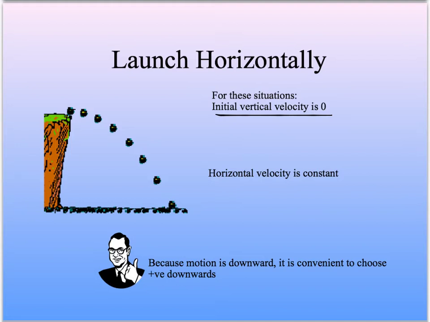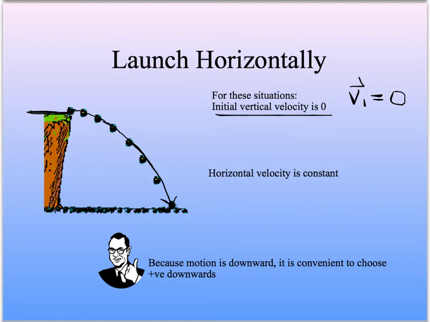Again, because we assumed this cliff to be vertical, at the moment of launch, the object is only moving horizontally. Afterwards, it does pick up a downward velocity, but initially its velocity is 0. So v1 equals 0.